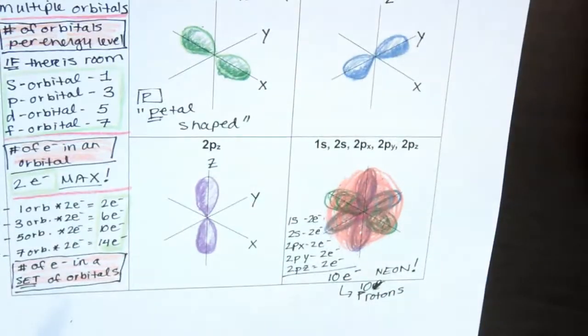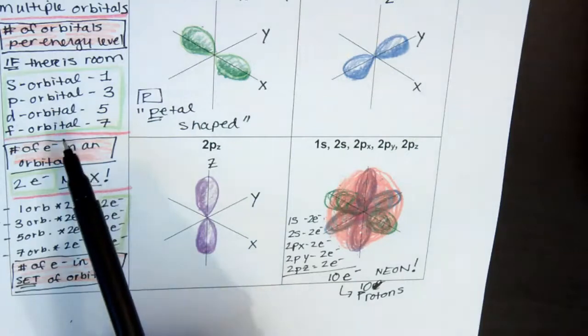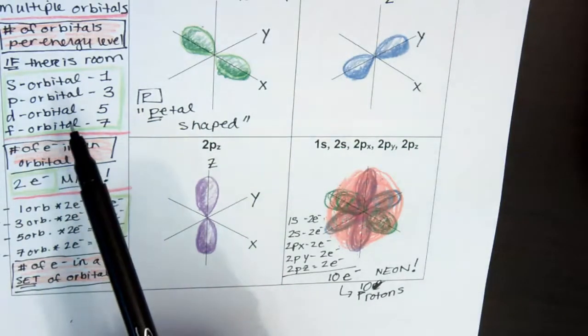Now imagine if you had 7 energy levels with all 4 different shaped orbitals in all those energy levels, getting further and further from the nucleus, the shapes getting crazier and crazier. D orbitals and F orbitals are so strange, I won't ever make you draw them.